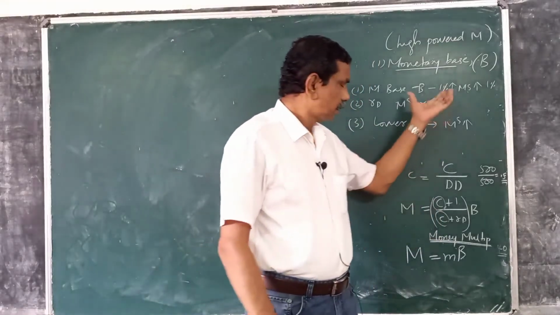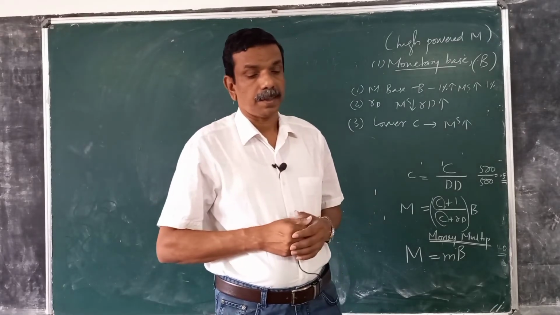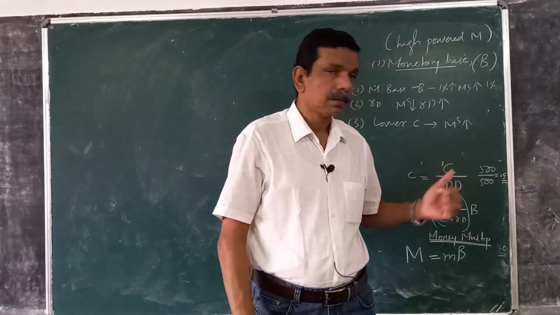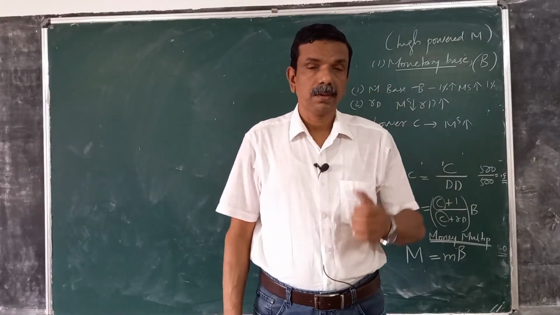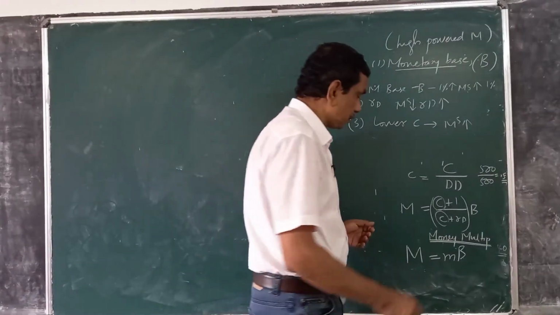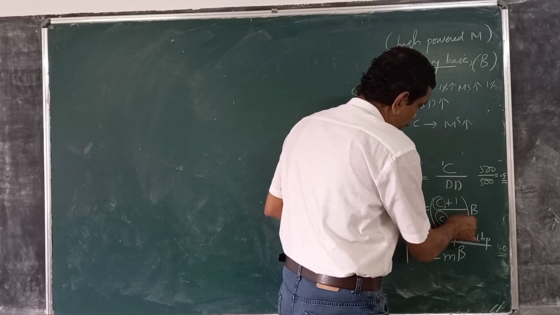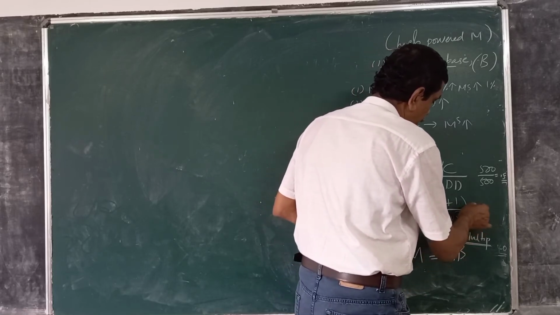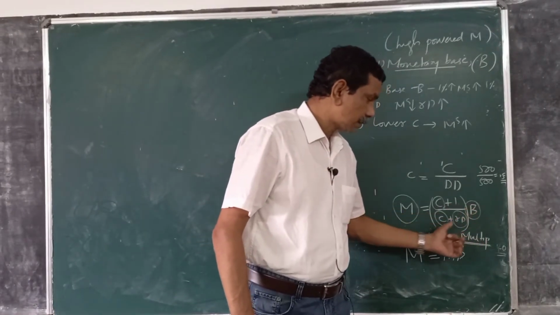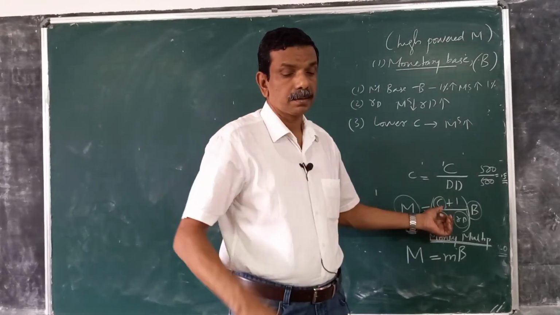So the central bank controls the money supply by altering either the monetary base, currency plus reserves, or the reserve deposit ratio. It cannot influence the currency deposit ratio.